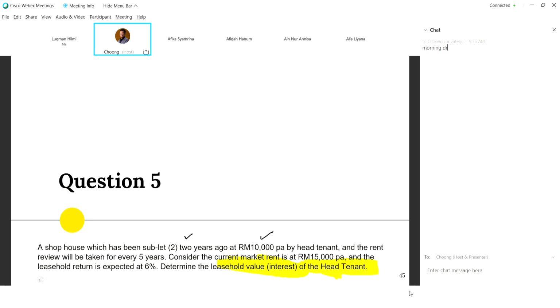It means that if someone wants to buy that interest, how much do you have to pay to the head tenant. So it's not to calculate the value of the property, but the interest of the head tenant.